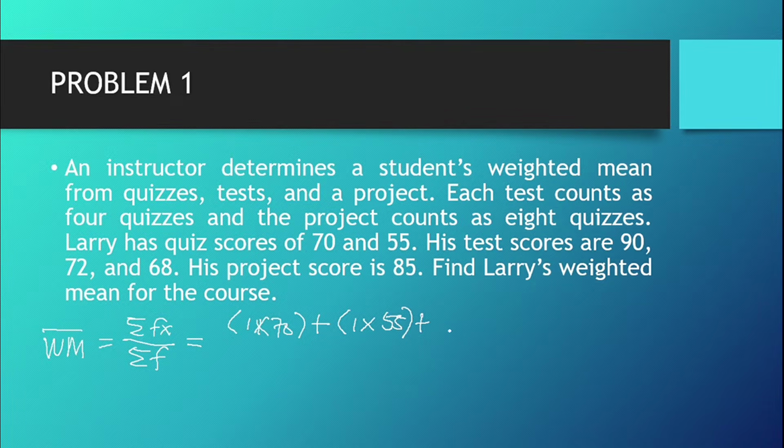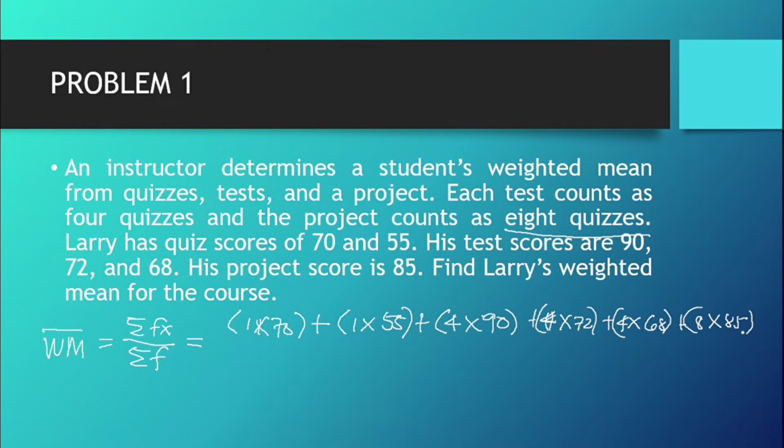Therefore we have 4 times 90, plus 4 times 72, plus 4 times 68. After which, his project score is 85, and the project counts as 8 quizzes. So plus 8 times 85.